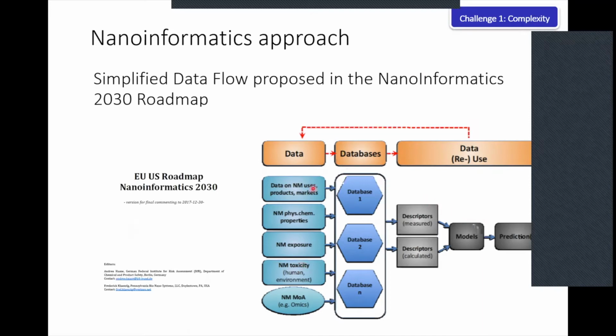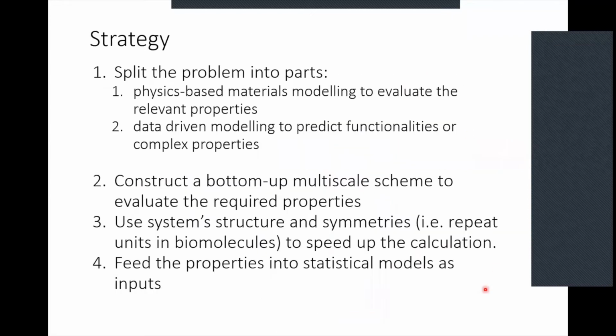But on the other side here, we need to collect meaningful data that are predictive for that behavior. One of the ways to collect data would be to perform molecular simulation. Then we put the computed parameters into the database, and then use them as inputs to statistical models to make predictions. So this is the idea.